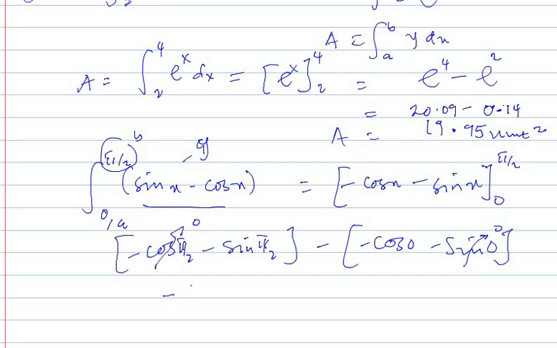Then we have minus sine 5 pi by 2, which is minus 1, and cos 0 is 1, so minus minus 1 plus 1, which is 0. So area is equal to 0 units squared.